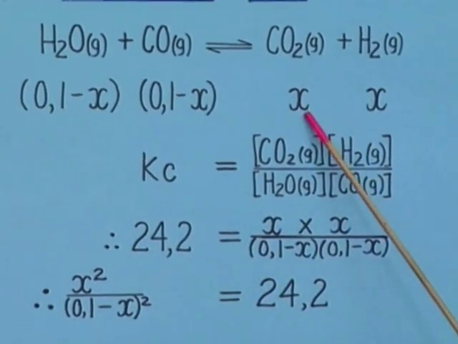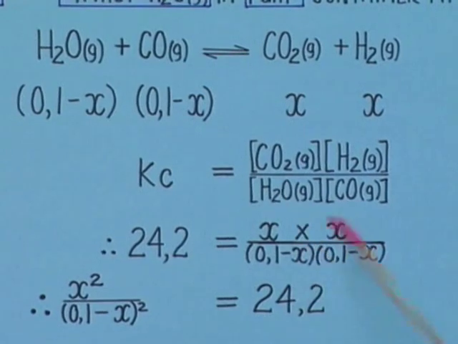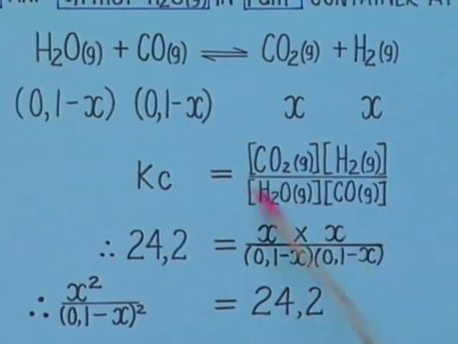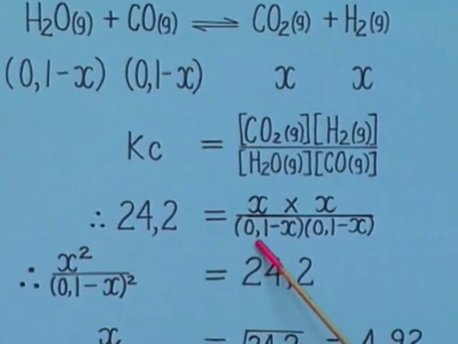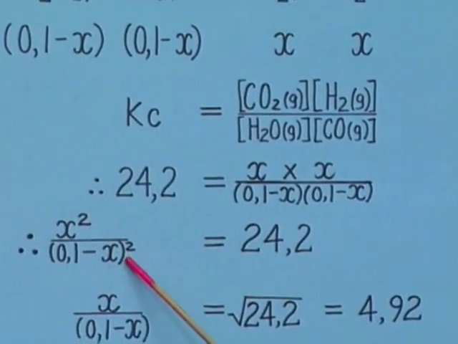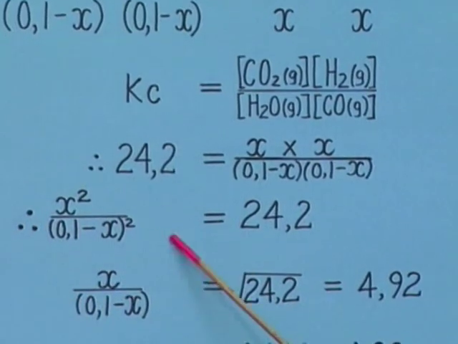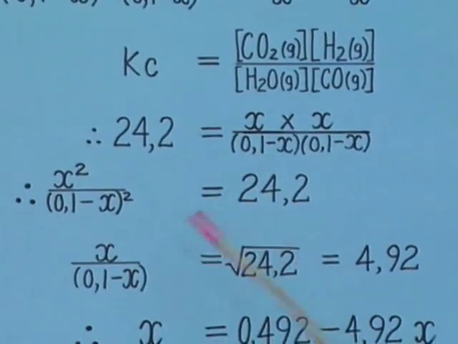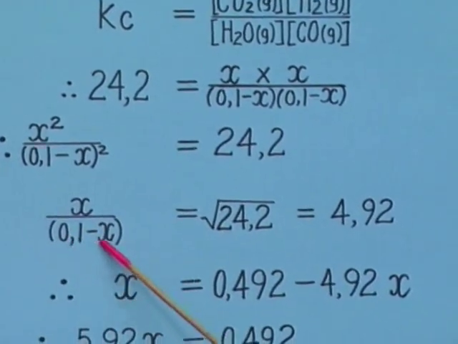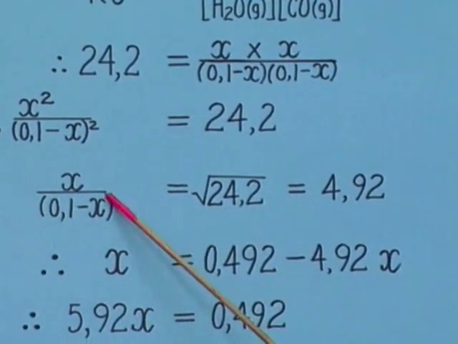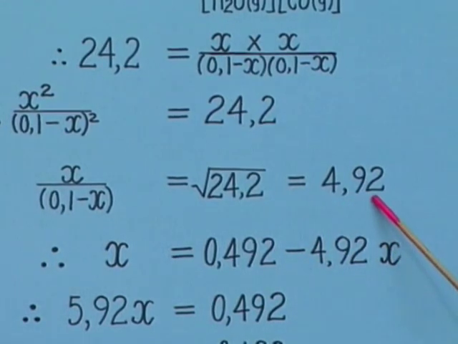Substituting all values of concentrations in this mass action equation, we get this expression. If we take the square of x and the square of 0.1 minus x, we get this. And taking the square root on each side of the equation, we get 4.92 equals x divided by 0.1 minus x. Transferring this factor to the right and multiplying this by 4.92, we get this expression.